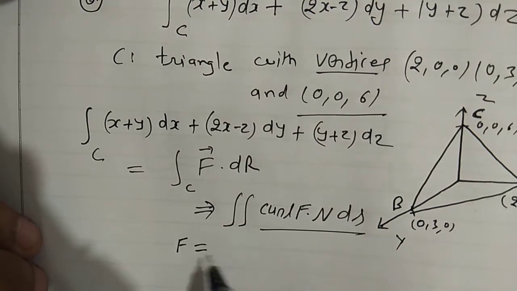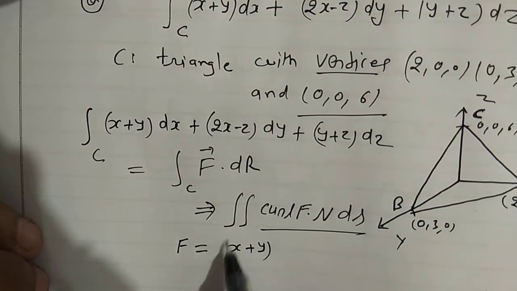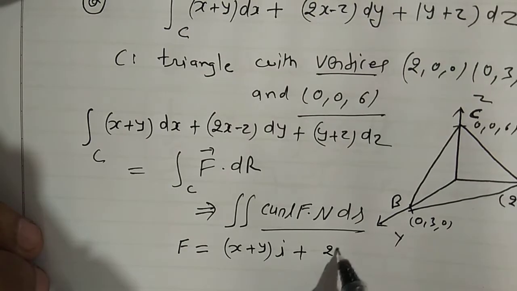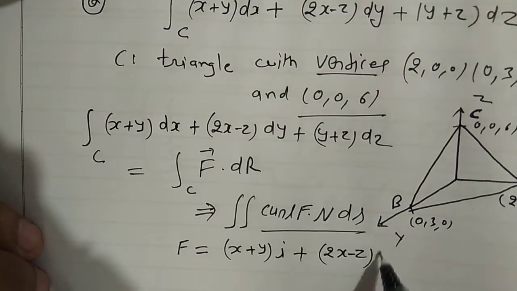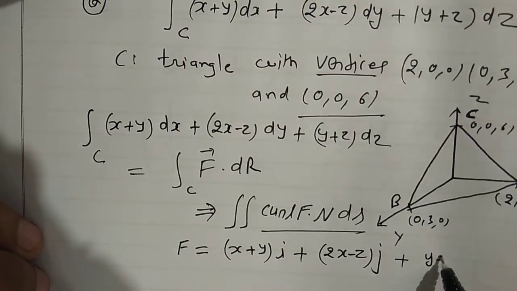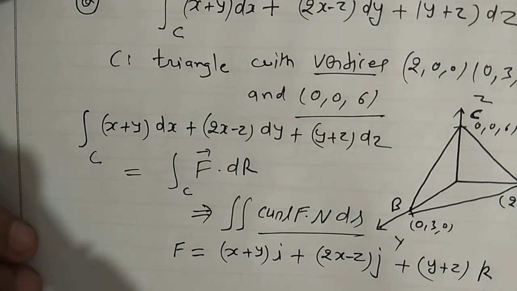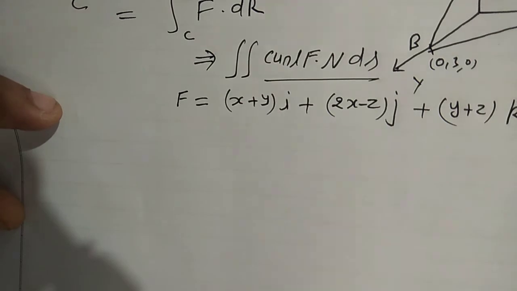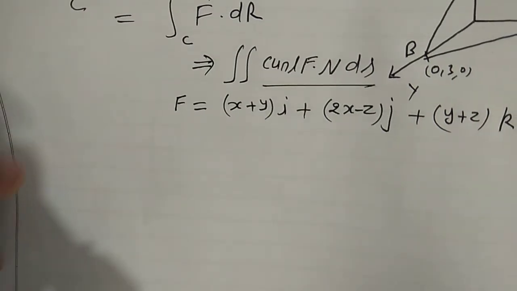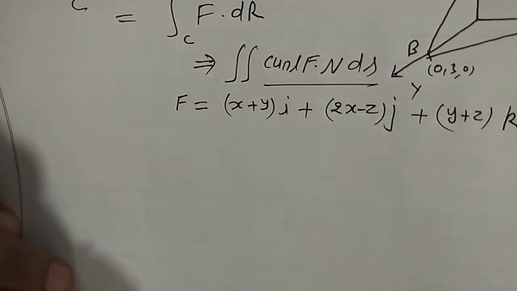Here F is (x plus y) i plus (2x minus z) j plus (y plus z) k. So we need curl of F and the outward normal direction of this surface.